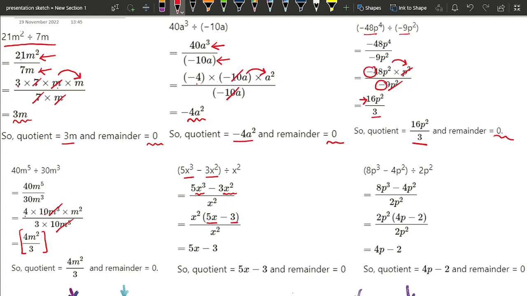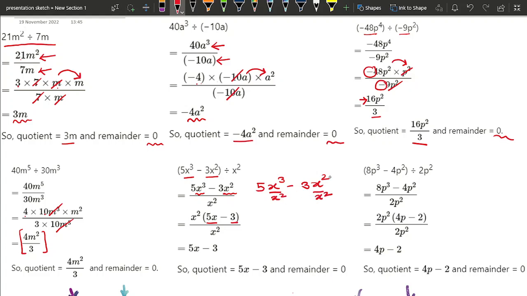minus 3. Because whenever we are taking out any common factor outside the bracket, we are actually dividing by that number. And let me show it over here. For example, if it is 5x cube minus 3x square, and if x square is a common factor, then I will be actually dividing by this x square while taking out common.